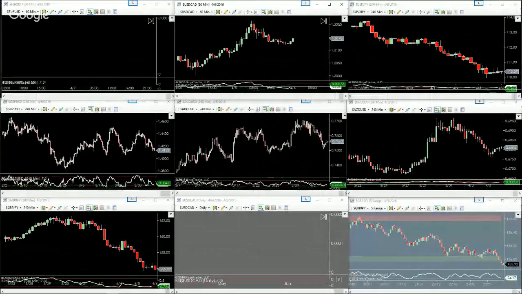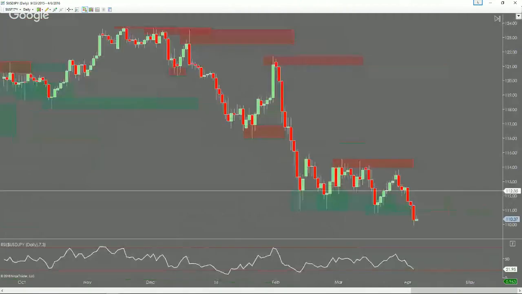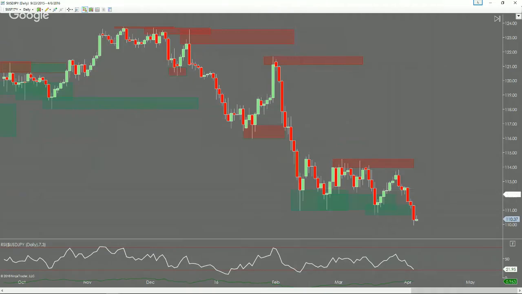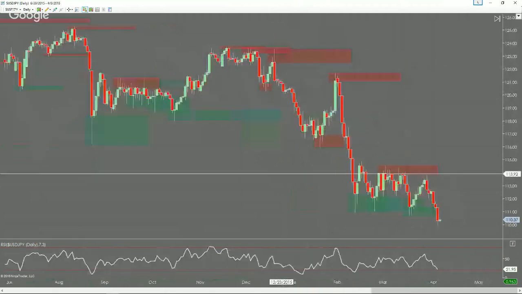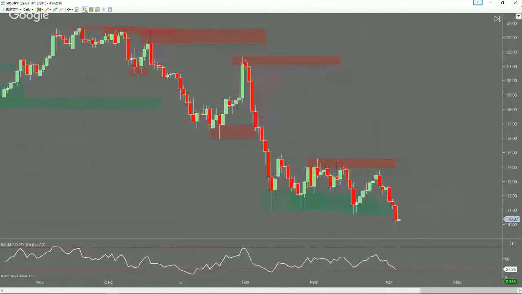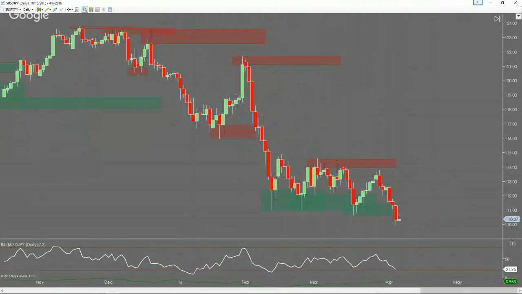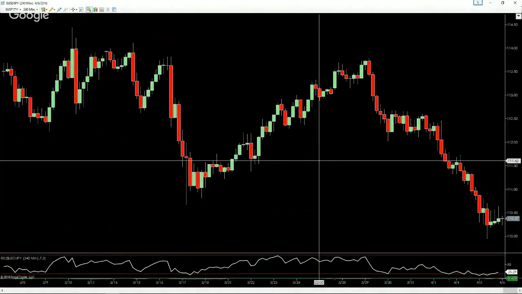All right. Go to dollar yen. Dollar yen, we did close below that previous structure level. So let's go ahead, and it's looking like it might go to our oversold condition. Let's go down to the 240 and see if we have any opportunities.